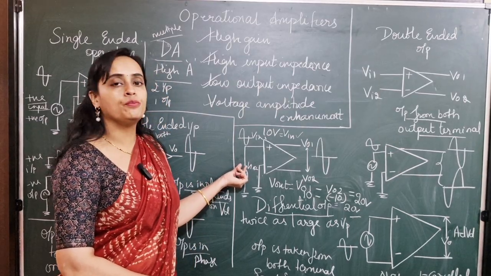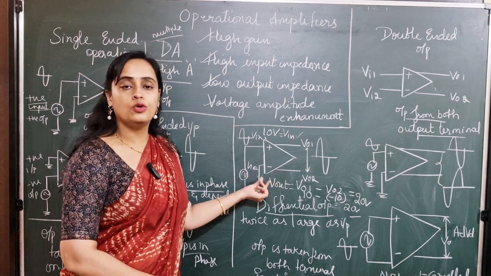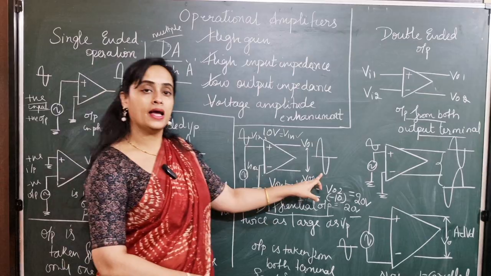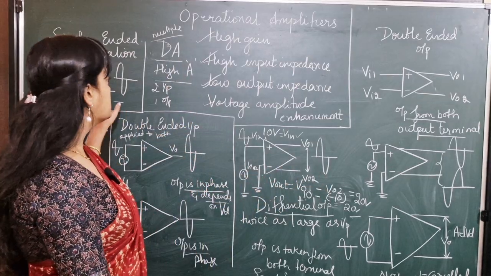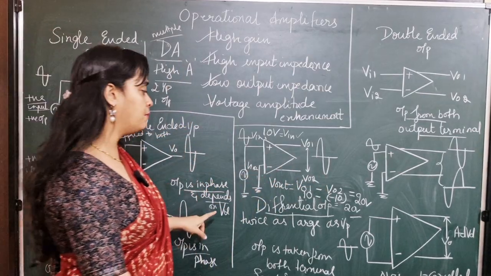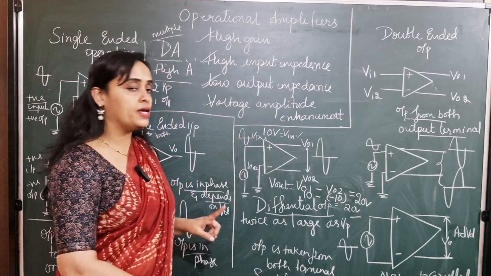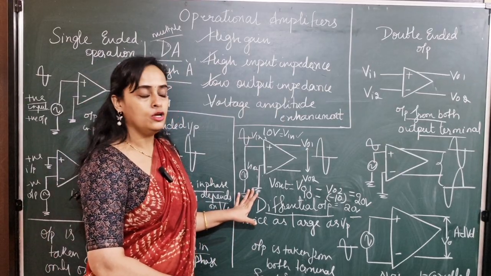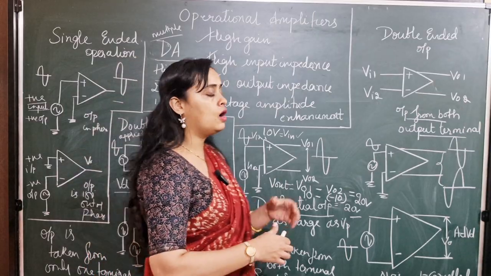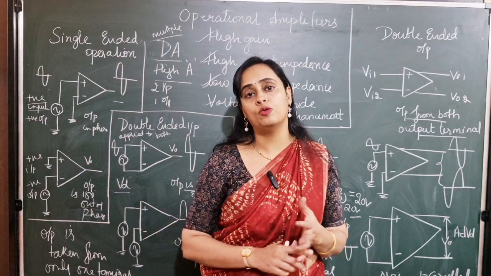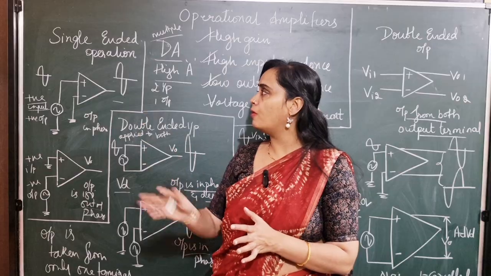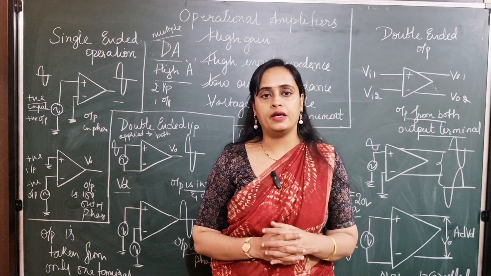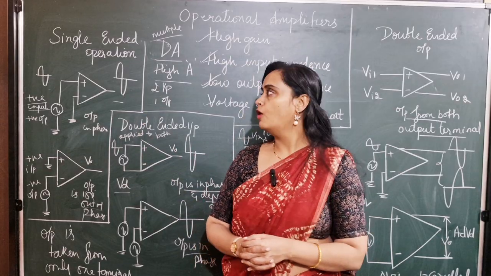Since the differential input voltage is applied to the device, the signal strength will be maximum compared to single-ended operation. At the same time, the noise can be cancelled to the maximum extent in double-ended operation. So now that we know how double-ended input and double-ended output work, and how single-ended operation happens, in the upcoming class we can understand differential amplifiers very clearly. Okay, I'll stop here.